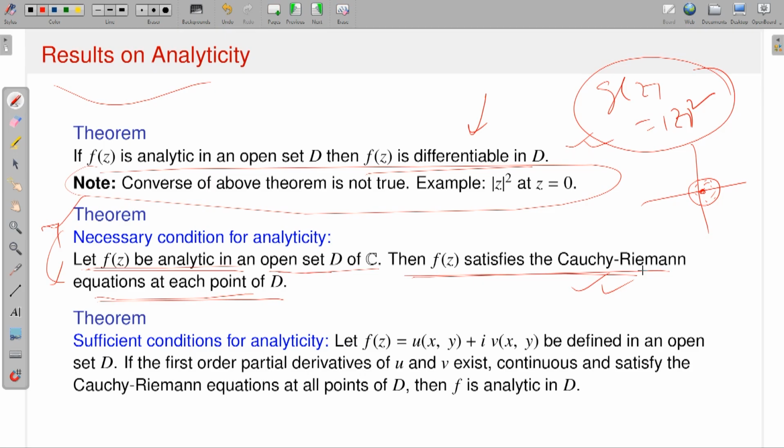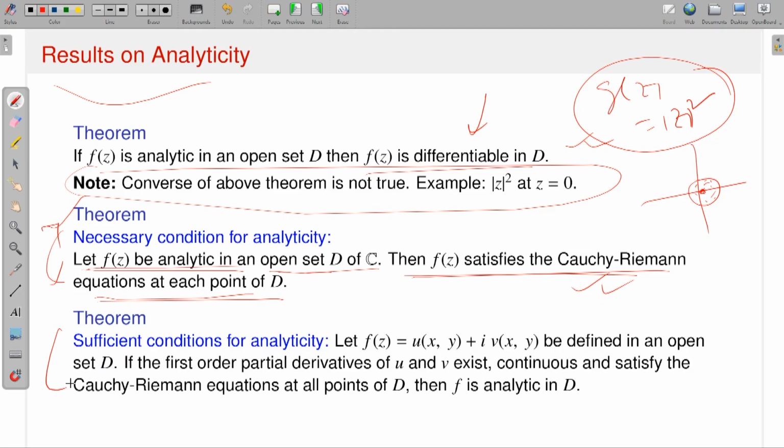So suppose f is of the form u plus iv, all the first order partial derivatives of u and v exist, they are continuous and they are satisfying the Cauchy-Riemann equations. If they are satisfying the Cauchy-Riemann equations at a point, then my function is differentiable at that point. Now if the Cauchy-Riemann equations are satisfied at each point, then by the sufficient condition for differentiability, my function is differentiable at each point, and then by the definition of analyticity, my function is analytic. So that's exactly the sufficient condition you can expect.